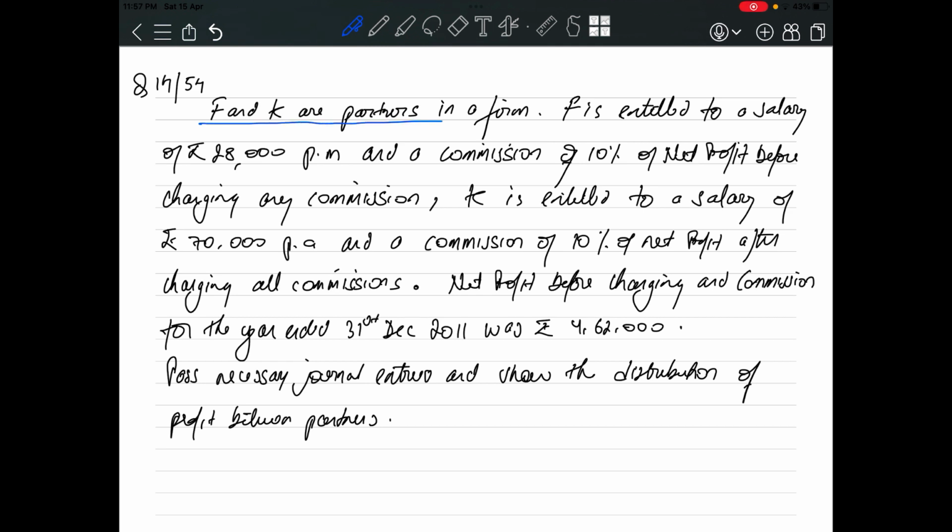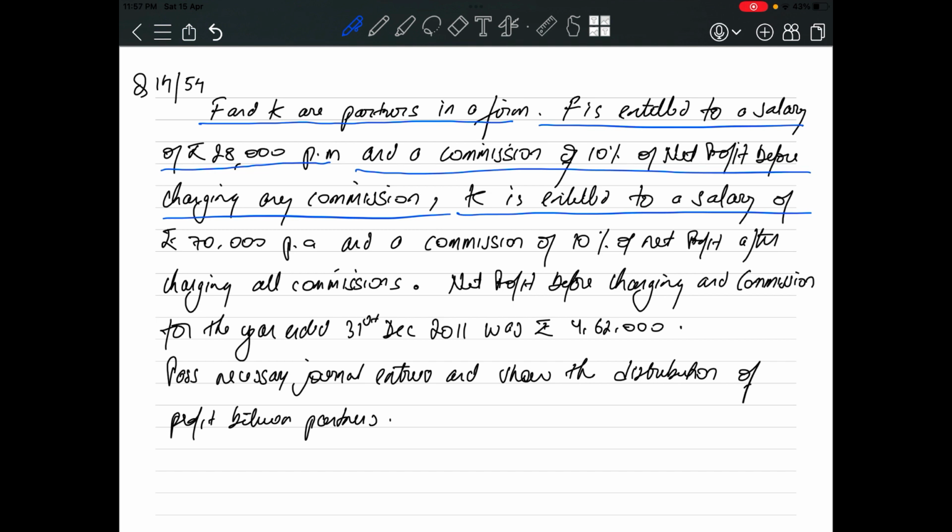F and K are partners in a firm. F is entitled to a salary of rupees 28,000 per month and a commission of 10% of net profit before charging any commission. K is entitled to a salary of rupees 70,000 per annum. See, this is per annum, this is per month.